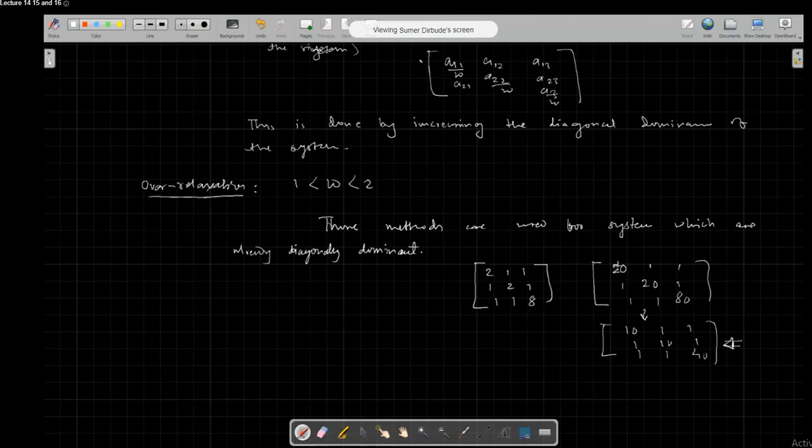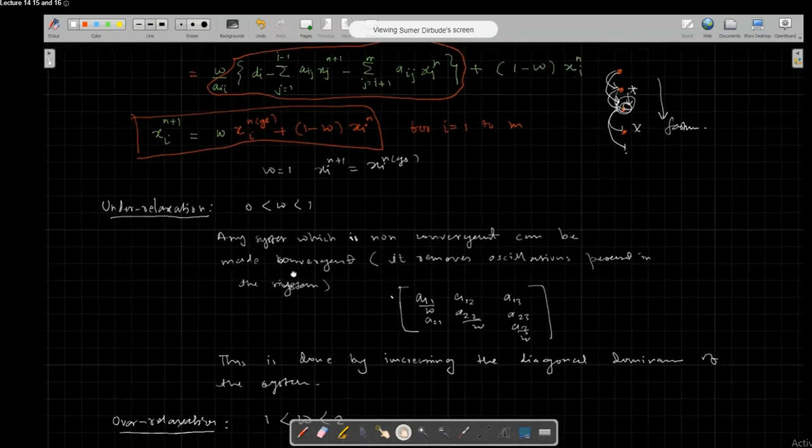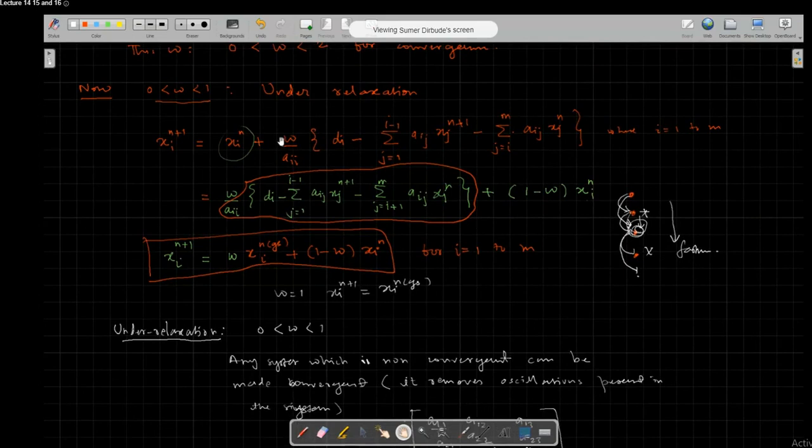Now, if the diagonal coefficients are very large, then this total value will be very small.